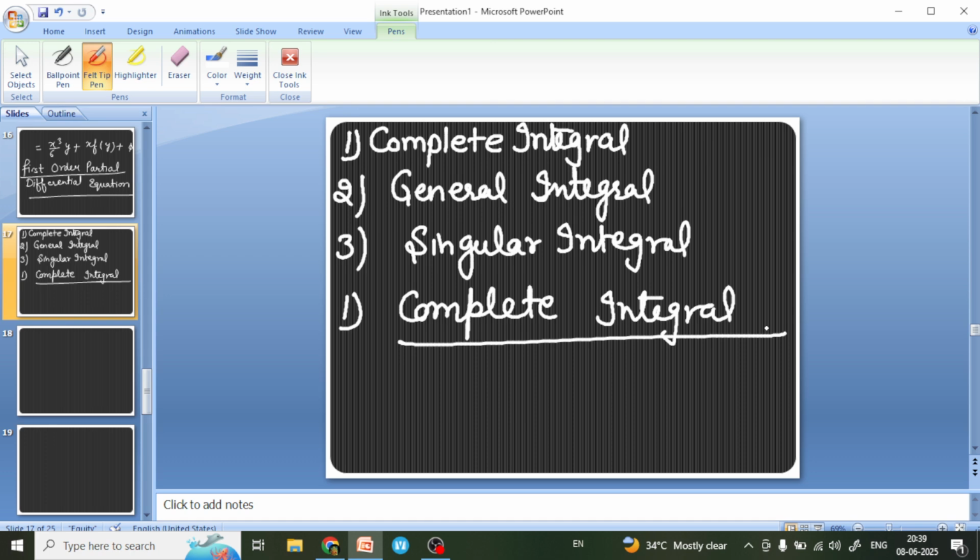Complete integral means the solution which includes as many arbitrary constants as the number of variables. General integral means the solution which contains the maximum possible number of arbitrary functions. And singular integral means the solution obtained by differentiating the complete integral.